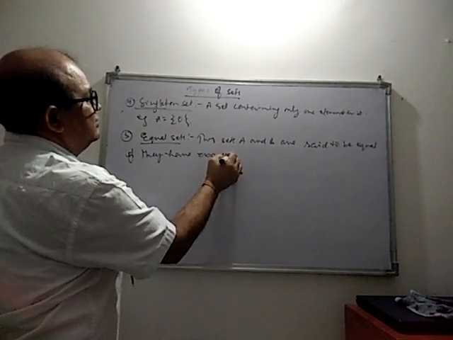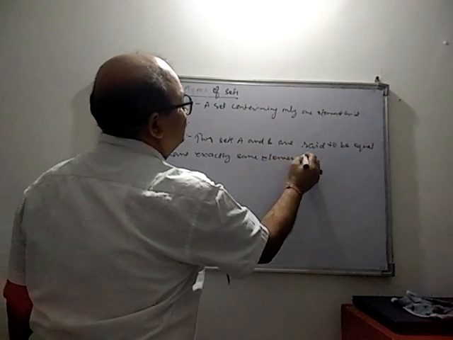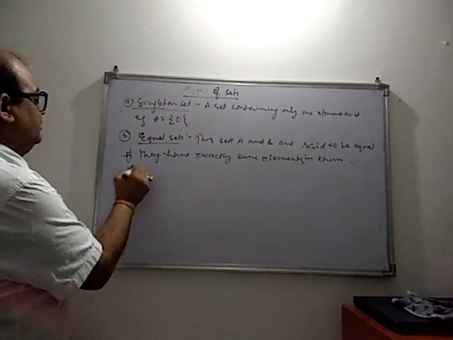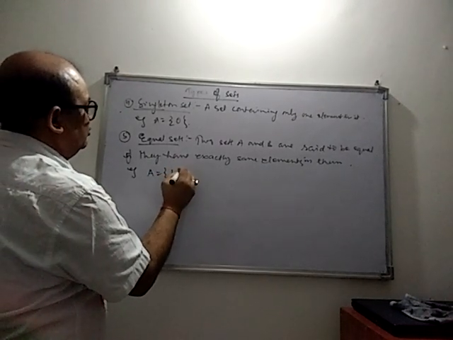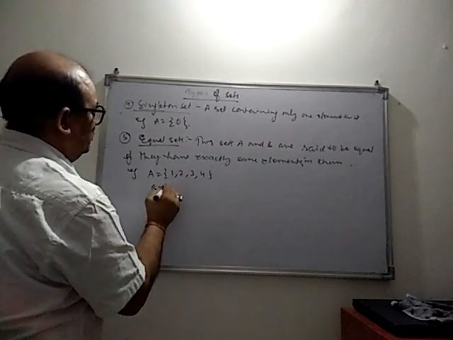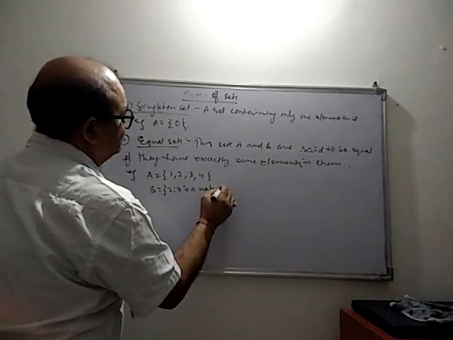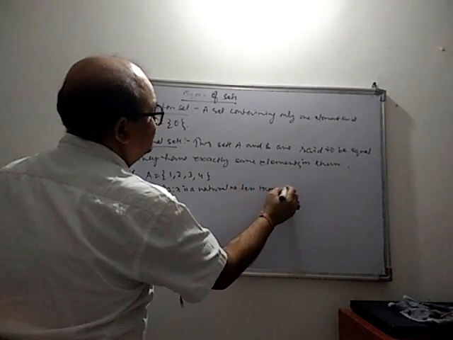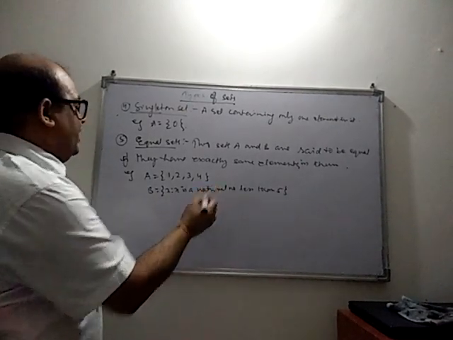For example, A equal to 1, 2, 3, 4 and B equal to the set of x such that x is a natural number less than 5, that is 1, 2, 3, 4.